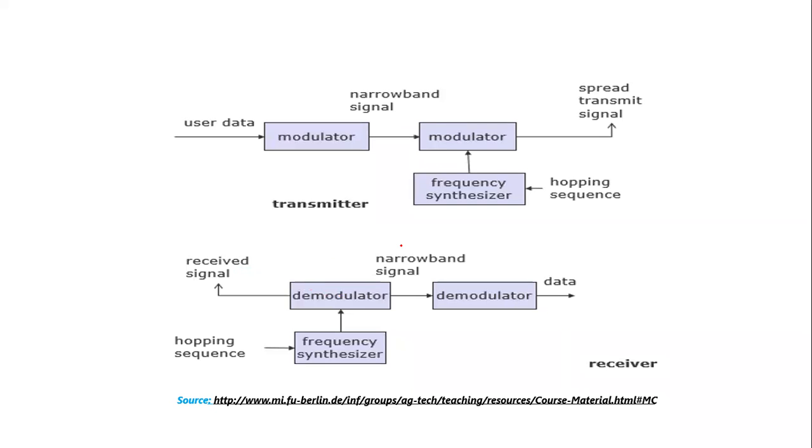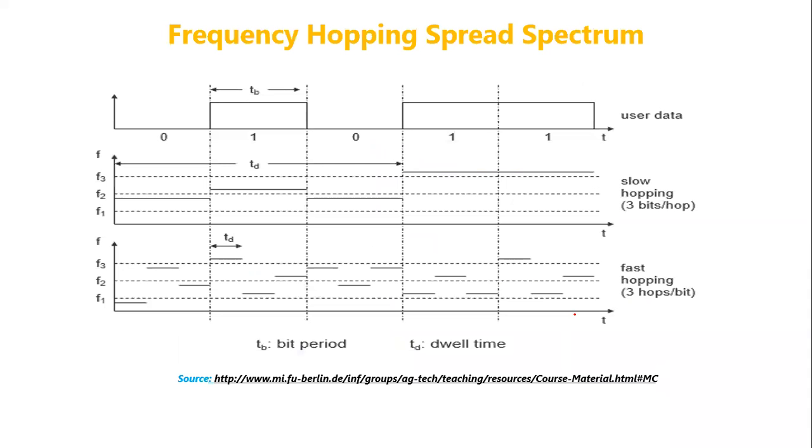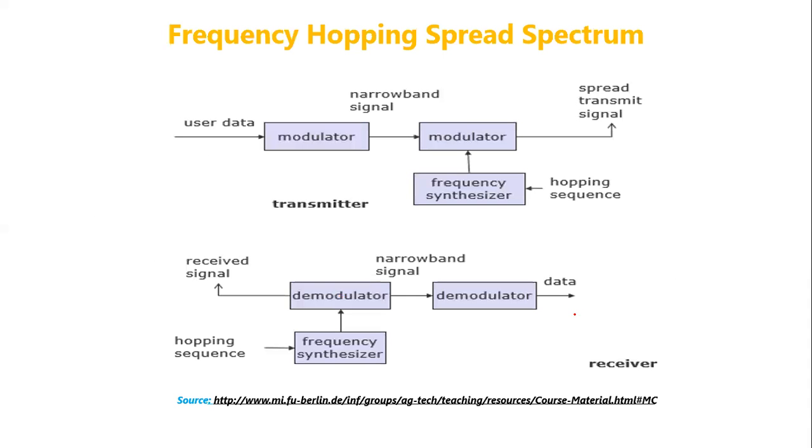As a result, again you get the narrowband signal. This narrowband signal is passed through the demodulator to get the actual data. Okay, so this is how frequency hopping spread spectrum works.